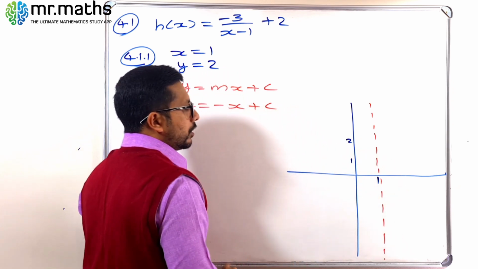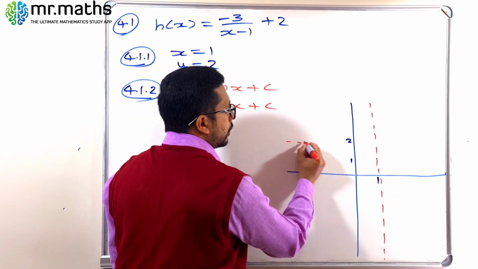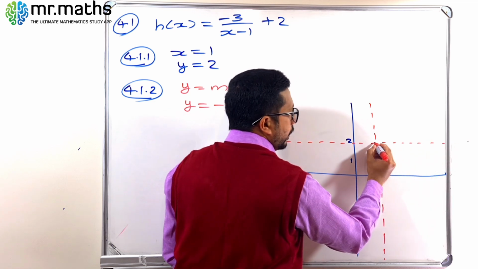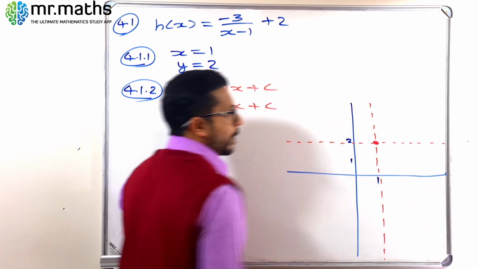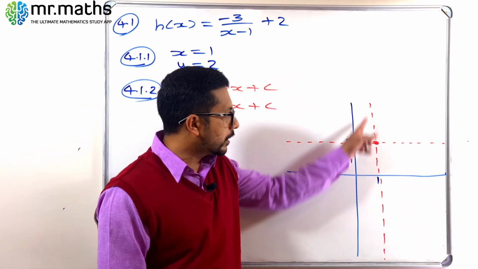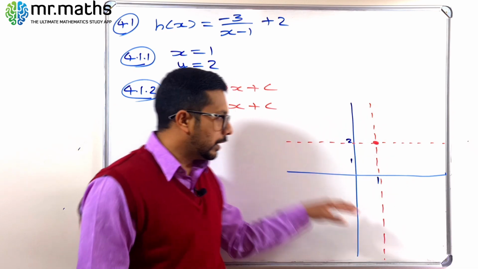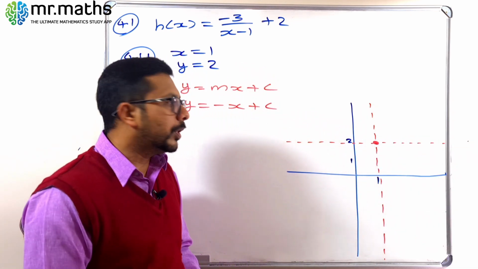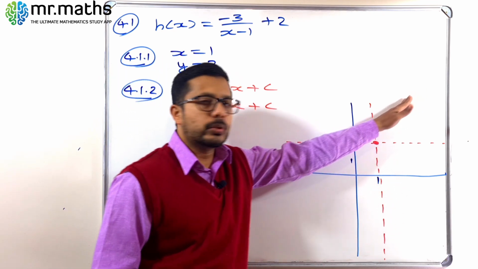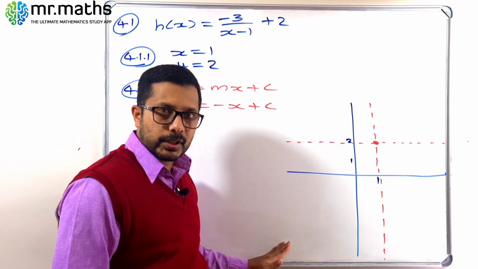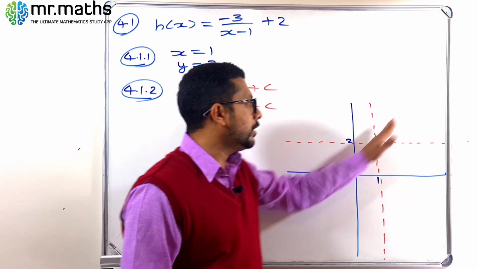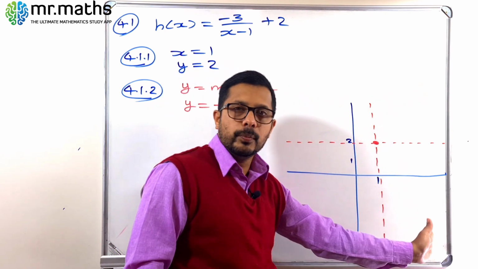So y is equal to positive 2 means this is the asymptote, and this point is the intersection point of the vertical asymptote and horizontal asymptote. The axis of symmetry always passes through that point, whether it is positive or negative gradient, it doesn't matter.